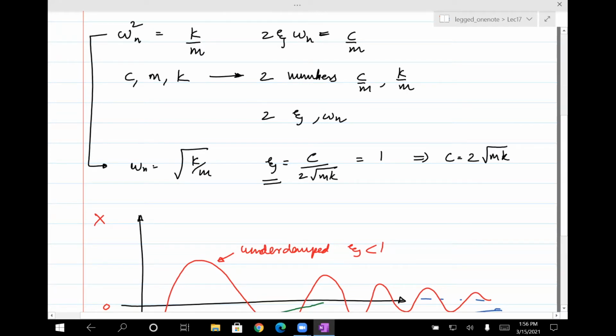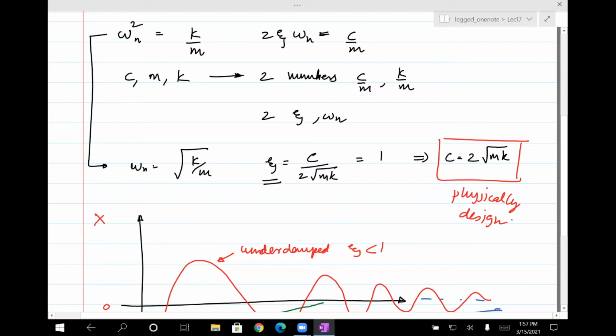So if you're given a mass and a spring constant, it tells you how to choose C, or if you're given an M and a C, it tells you how to choose K, and so on. So you can physically design the system such that it is critically damped by following that formula.